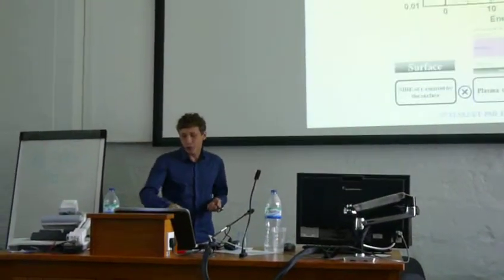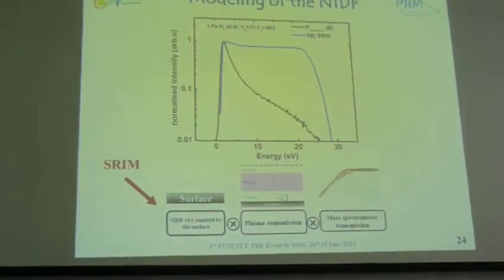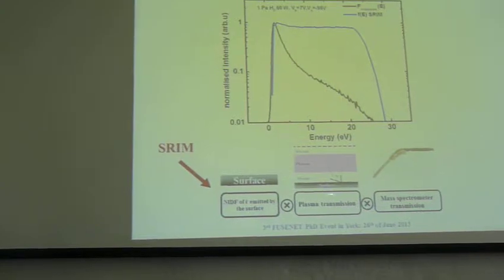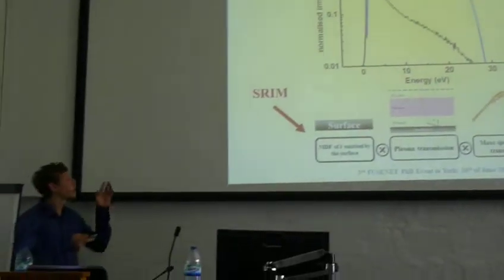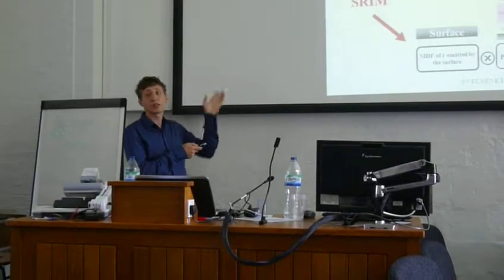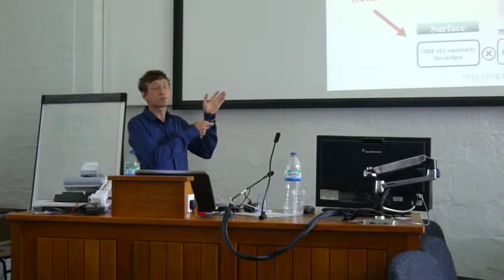So afterwards, we take this neutral distribution function given by SRIM, then we calculate the transport of the negative ions in the sheath between the sample and the plasma, then in the plasma and the sheath between the plasma and the mass spectrometer.